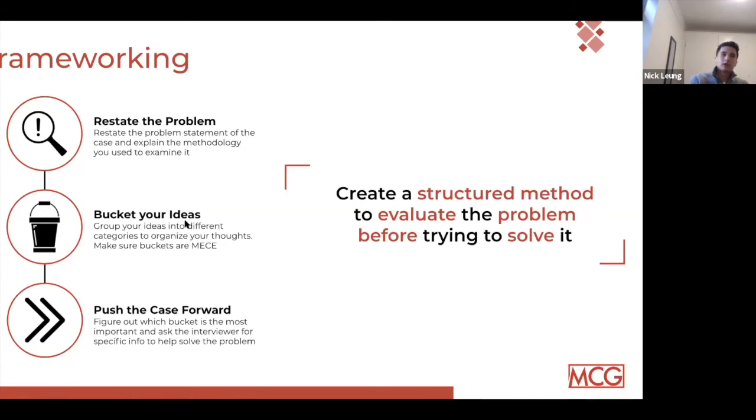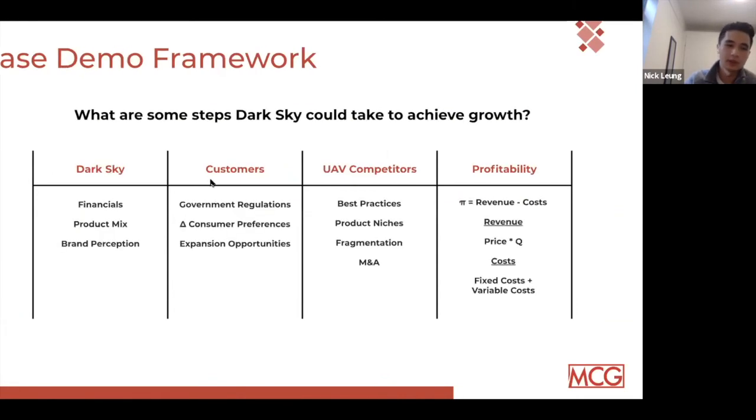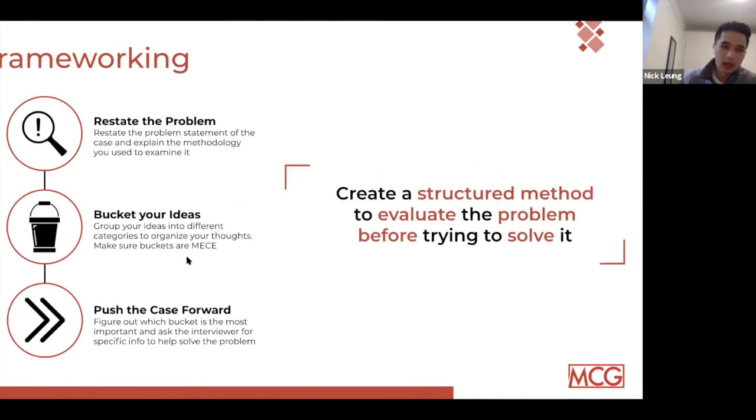So what James did is he bucketed it into, I think we have an example, right? Yeah, he bucketed it into the company itself, the customers, the UAV competitors, and then profitability. So those were what he thought were the key categories to analyzing the problem.